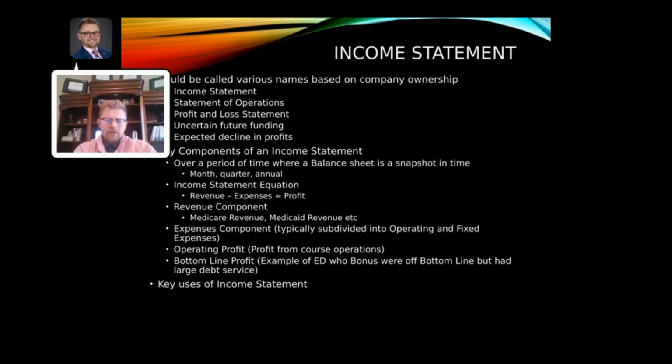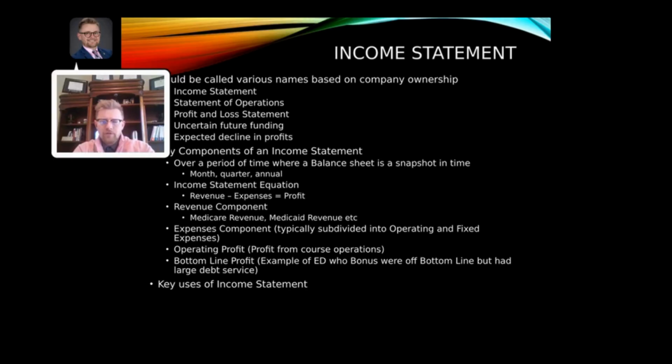There's no point in getting into the weeds with this for this course, but what you should take from it is with the expenses, you're going to have operating expenses, and then you're going to have non-operating or fixed expenses. The reason why that's important is because when you take your revenue and you subtract operating expenses, what you have left is your operating profit, your profit from operations, from doing your core business.